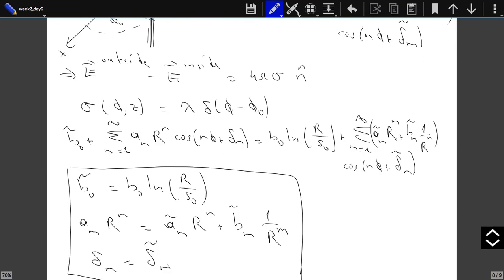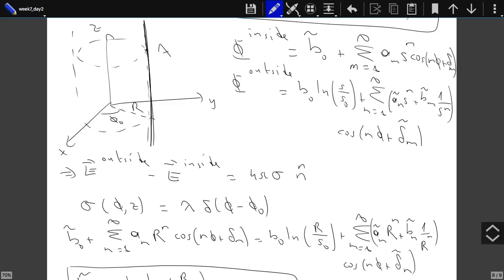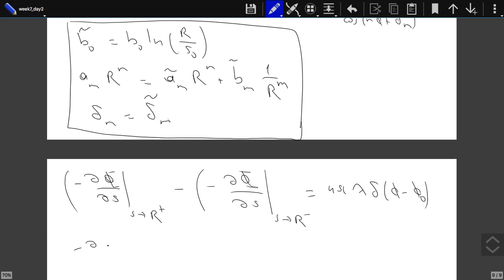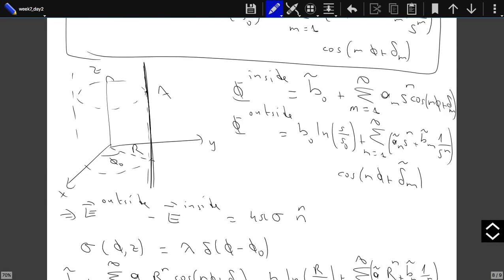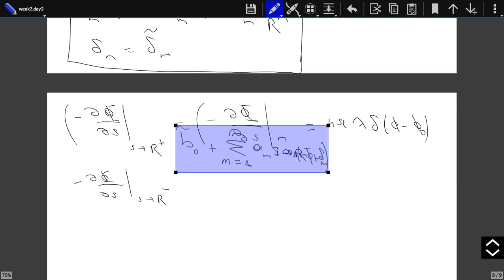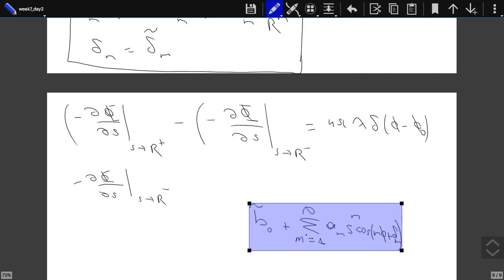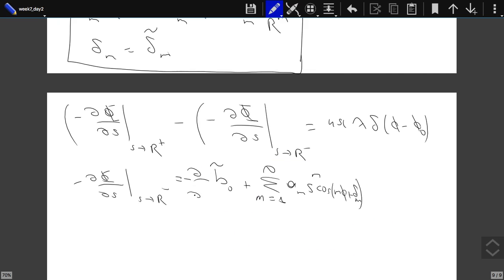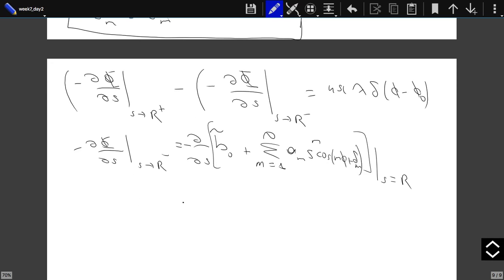Well, I know my phi's. So minus del phi by del S, when S goes to R from the minus side, well, it's basically the derivative of this term over here with respect to S, evaluated at S is equal to R. And if you take the derivative, this is minus sum over m from 1 to infinity, a m s to the power m minus 1 m cosine m phi minus delta m.